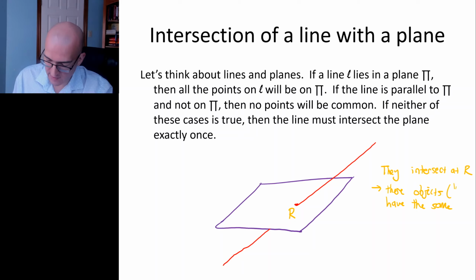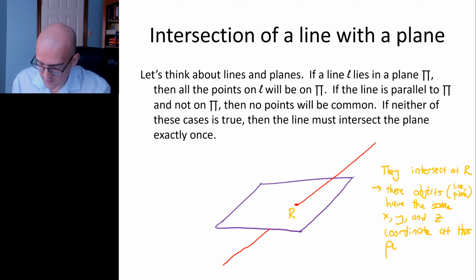So the line and plane have the same x, y, and z coordinate at this point of intersection.